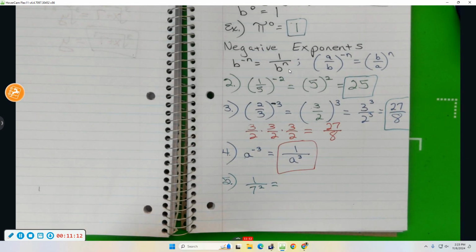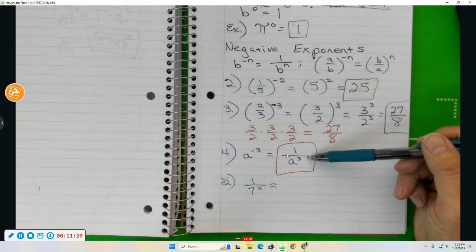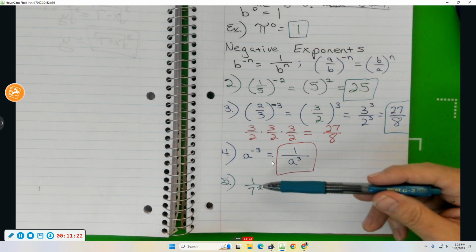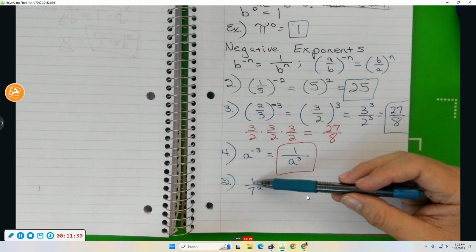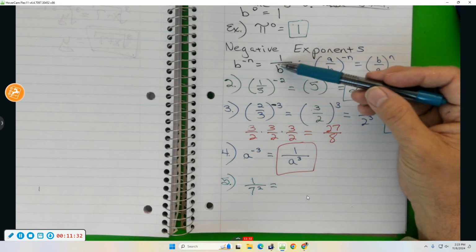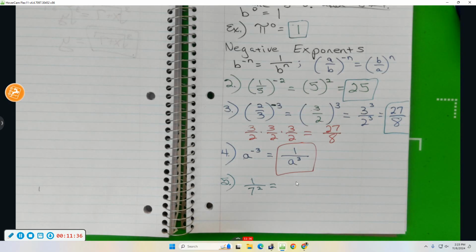Okay, I need to rewrite this using a negative exponent. I think it's this statement here in reverse, the one we just used for number 4. How do I write 1 over 7 squared with a negative exponent? I drop the 1 over. To drop that 1 over, what's going to happen to the exponent?